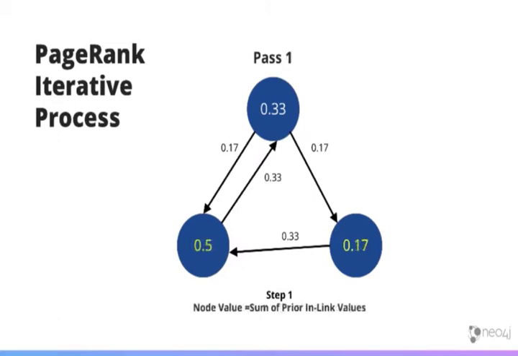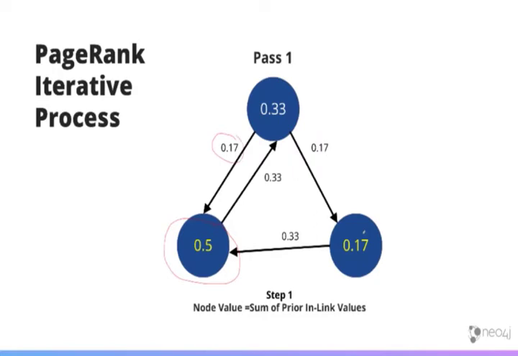It then goes through the first pass and makes an update, first to update the node value as the sum of the prior in-link values. So in this case, we can see in the lower left corner, that node now gets an update of 0.5 because it has 2 in-links.